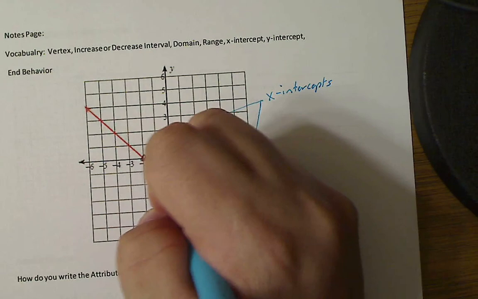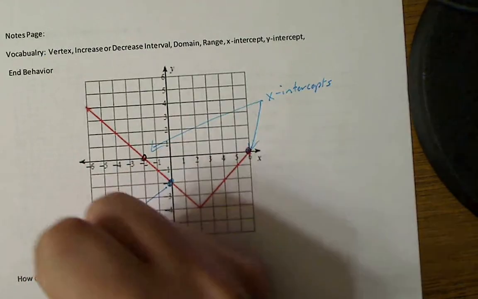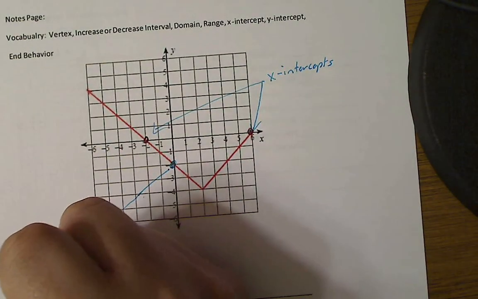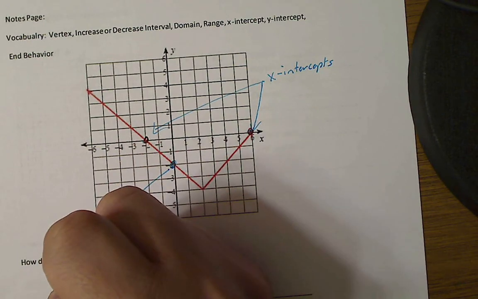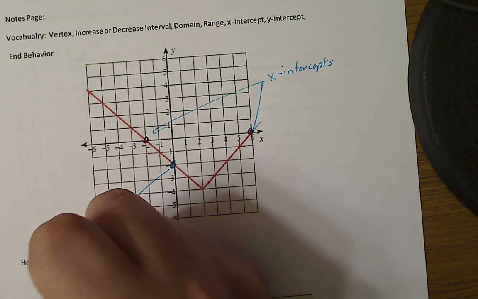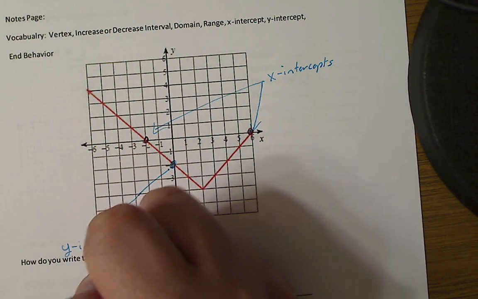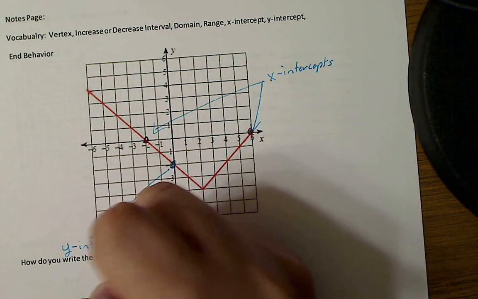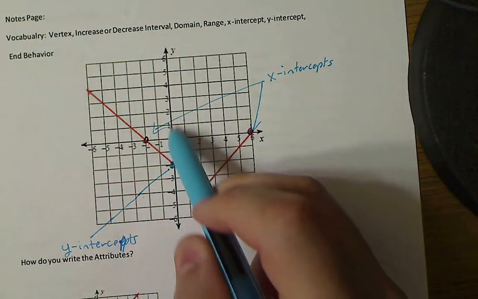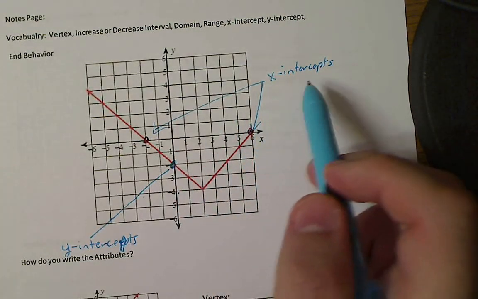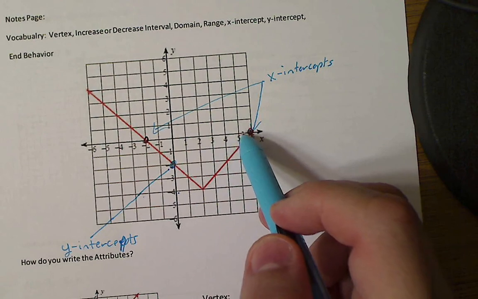You also know this point right here as your y-intercept. And again, those are the two places where the graph actually crosses each respective axis. Okay. And I can't spell. So your y-intercept crosses your y-axis, your x-intercepts cross your x-axis. Okay.